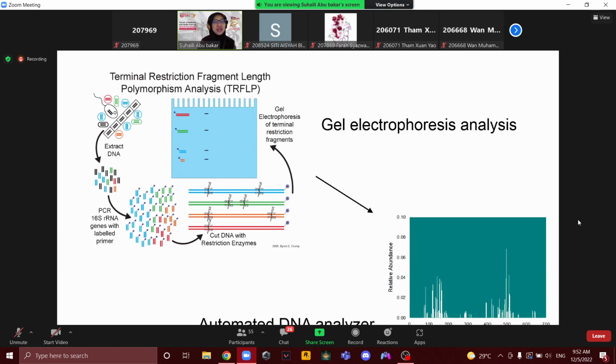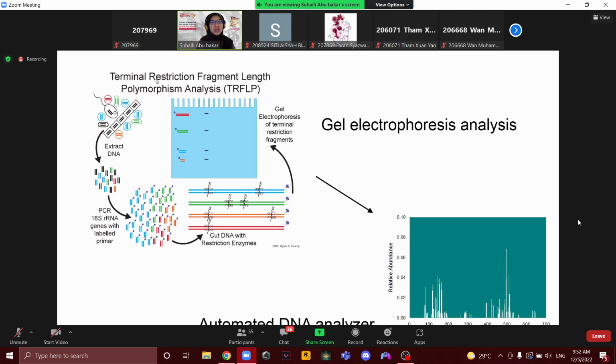Once you use fluorescent, you have to emit. Right? You have to emit and absorb in order to see. Right? Do you agree? That's a physics principle. Or chemistry, I don't know. Okay, once you use fluorescent, remember, you have to have another equipment and another machine. That machine, we call it an automated DNA analyzer, which analyzes the fluorescence.